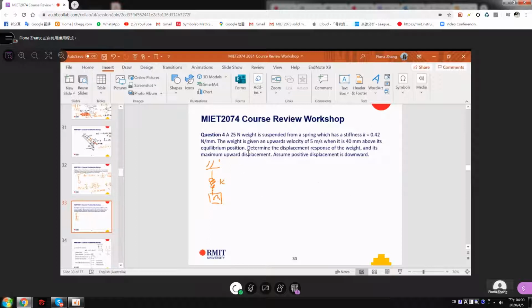Determine the displacement response of the weight, so this actually asks you to calculate x(t), and its maximum upward displacement. Right, so this is the magnitude. Assume positive displacement is downward. So here it tells you this is x.